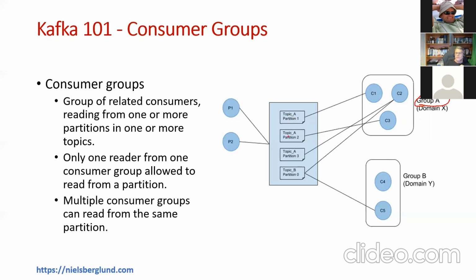C2 reads from partition 3 of that topic, and it also reads from partition 0 of topic B. So a consumer in a consumer group can read from multiple topics. That's not a problem.